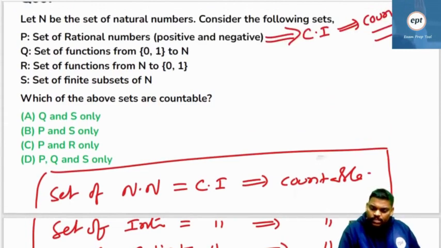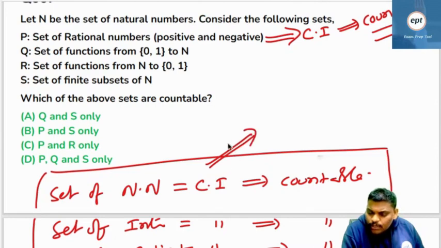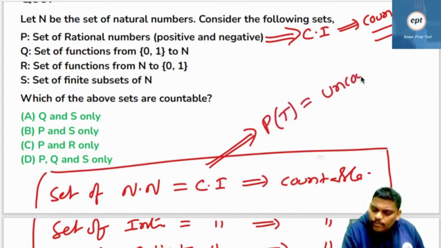See the next one now. Until now it's fine, right? Everyone listen. If something is countably infinite, its power set is uncountable.